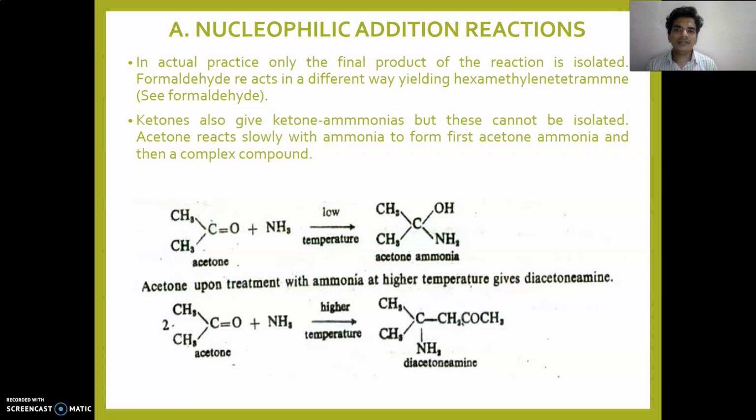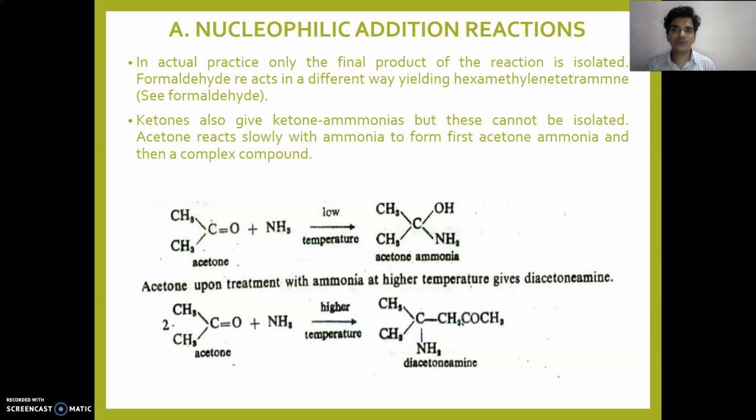In actual practice, only in a few cases is the final product isolated. Formaldehyde reacts in a different way, yielding hexamethylene tetramine. Ketones also give ketone ammonias, but these cannot be isolated.